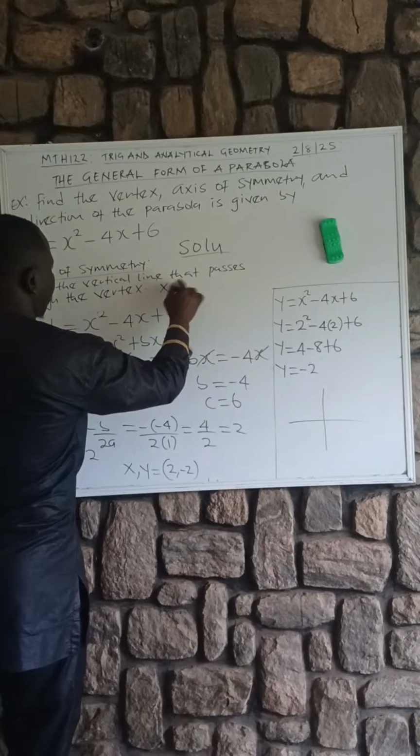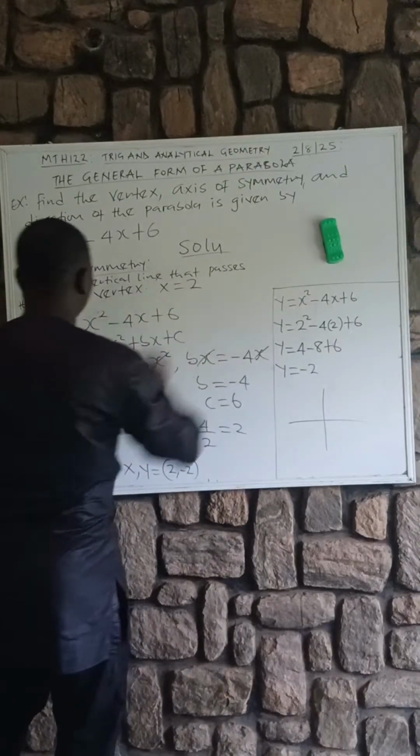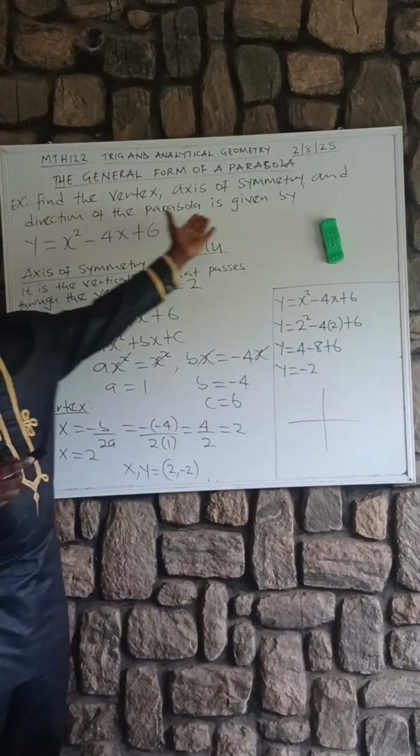And the vertex is this vertex. This is equal to what? 2. So now they said the direction of the parabola.